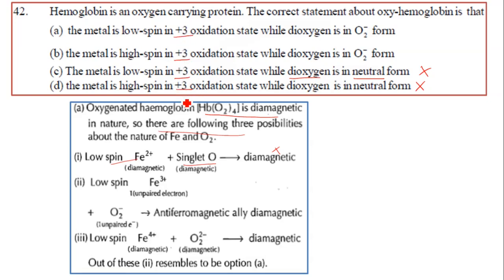And second, here the Fe3+ ion, that is a ferric ion having 1 unpaired electron, is in the low spin state. It is not in the high spin state.